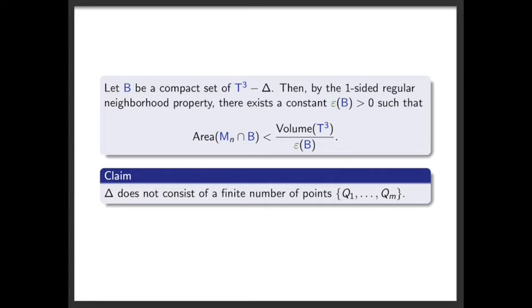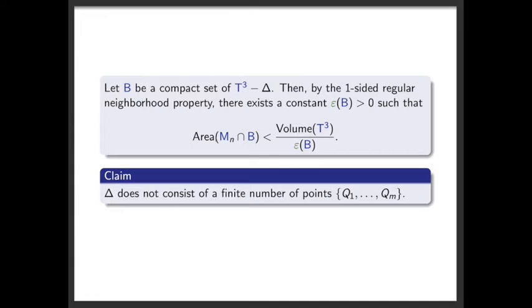Notice that we have this property, again by the one-sided regular neighborhood, that if you take a compact set, in this case it will be finitely many points, and you take the area of M_n intersected with this compact set. Sorry, if you take a compact set of T^3 minus Delta, then you have a bound on the second fundamental form, because Delta is the set where the second fundamental form blows up.